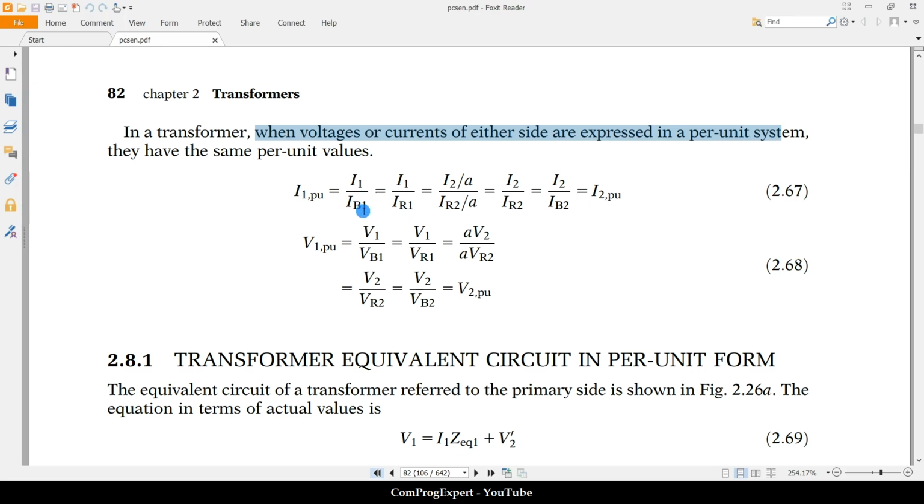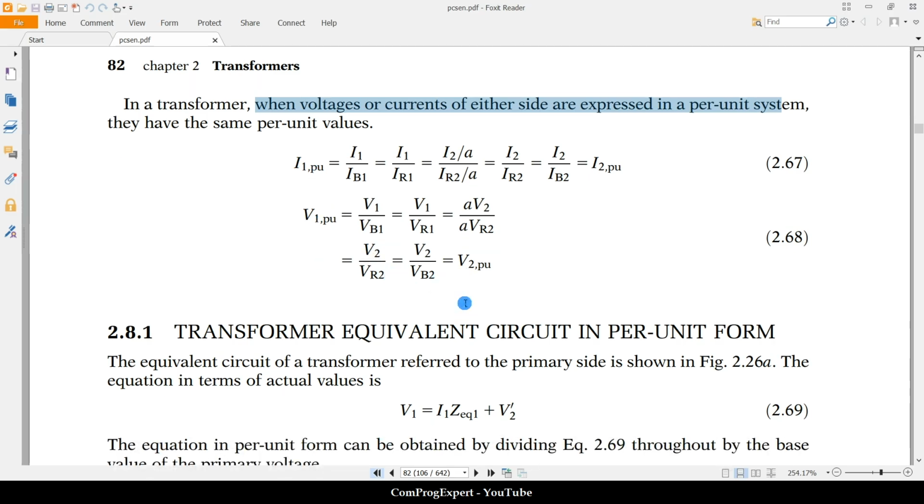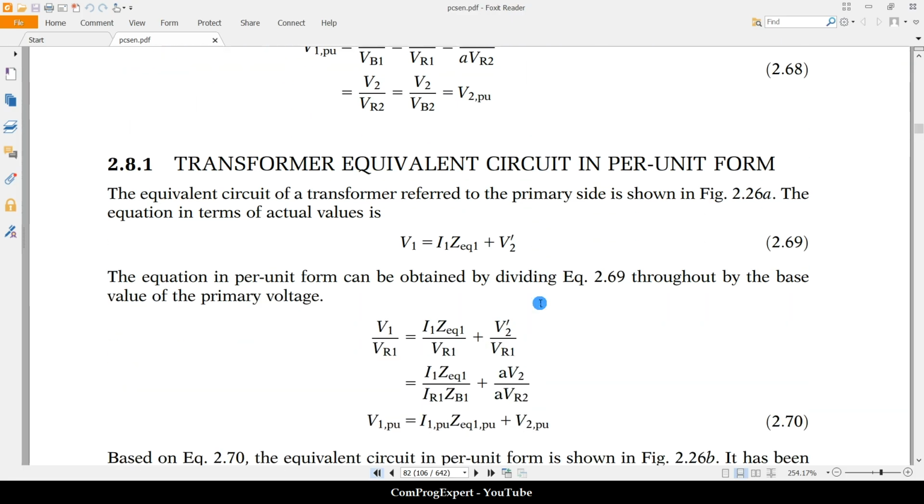We considered the base value for the current equal to the rated one, and we have also these transformations. You can prove that this is equal to I2 per unit, and this is the same for the voltage. When we express quantities in the per unit format, these quantities are the same either for the primary or secondary.